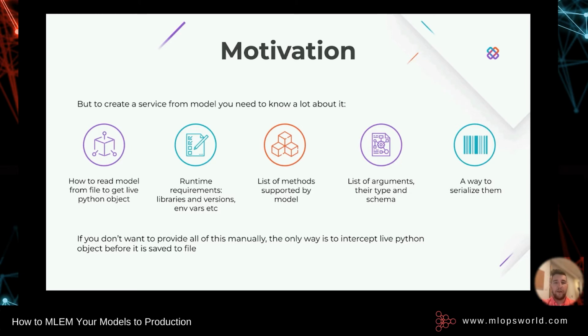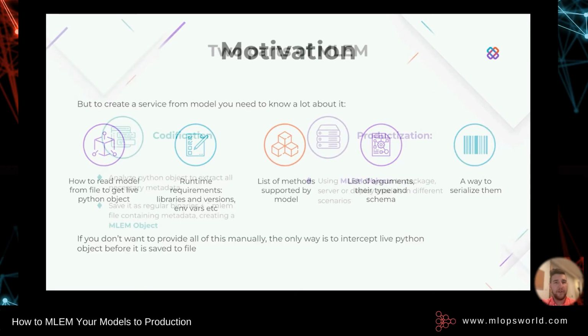And we don't want to provide all of this manually, because humans make mistakes, right? To do this automatically, you need to intercept a live Python object in memory and inspect it and see what it does, what it has, and only after that save it to file.